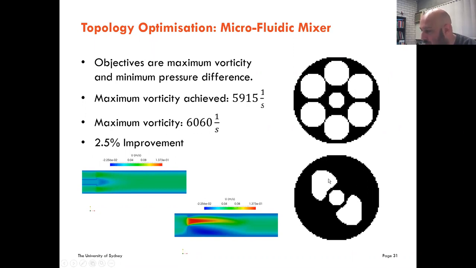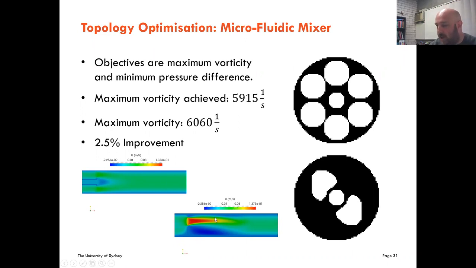So the flow can go through the white parts, and it's not a naturally intuitive design, but once you think about it, it starts making sense, because the flow can go through this area, and obviously no flow through the black. So you get quite a nice change in pressure that will cause that vorticity to occur.